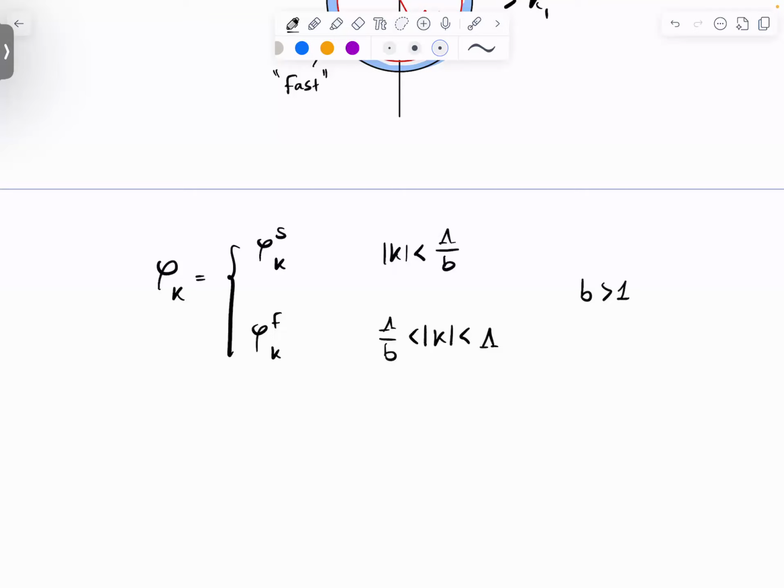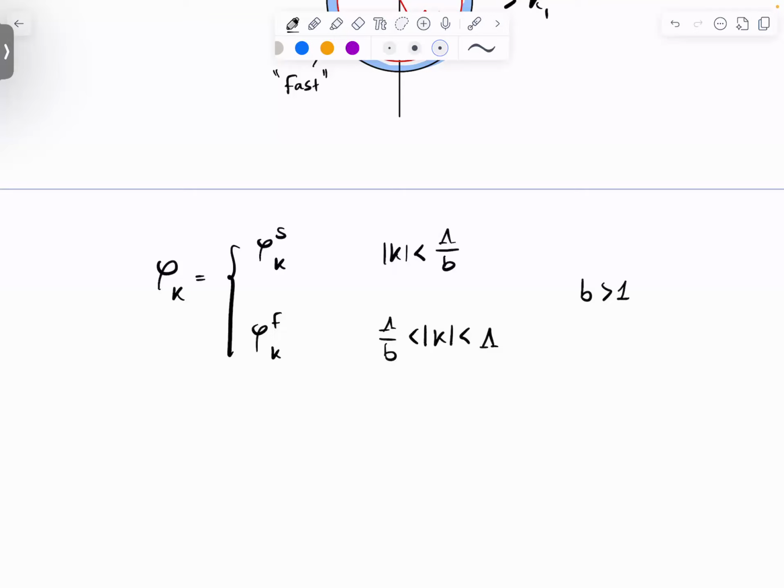I just want to make a connection that integrating out the very highest momenta is exactly like the coarse graining procedure, because the highest momenta are the most rapidly varying features.